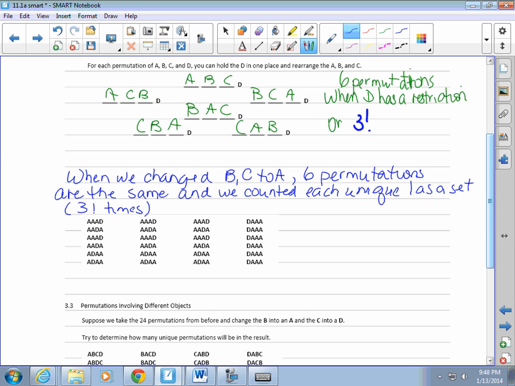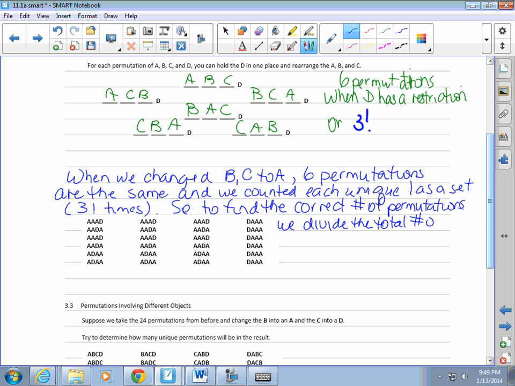So to find the correct number of permutations, when we have these restrictions, we divide the total number of permutations, which was 4 factorial because we had 4 spots, so 4 different ways of arranging them, by the number of identical permutations.